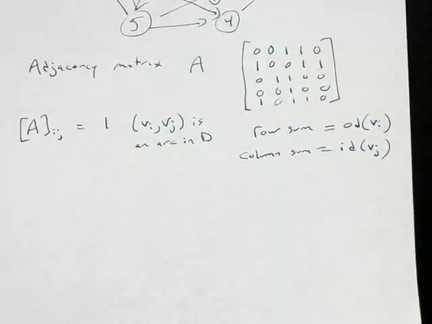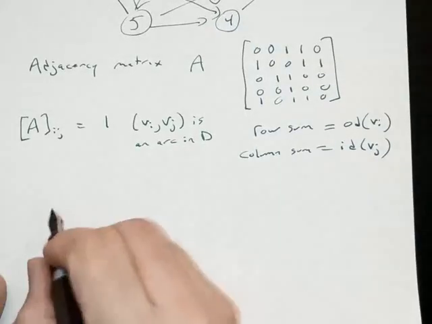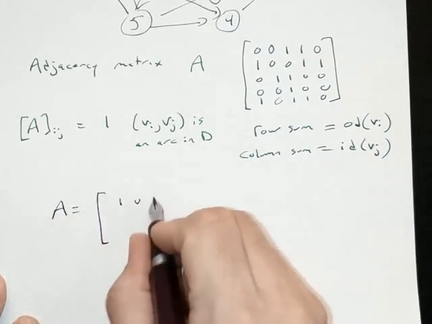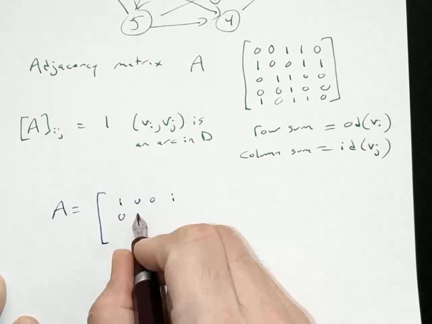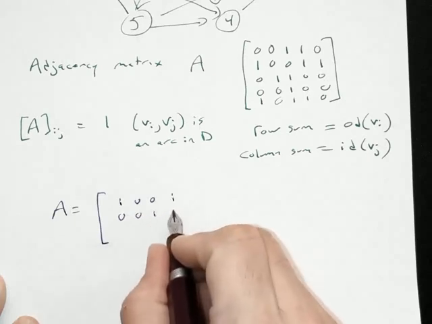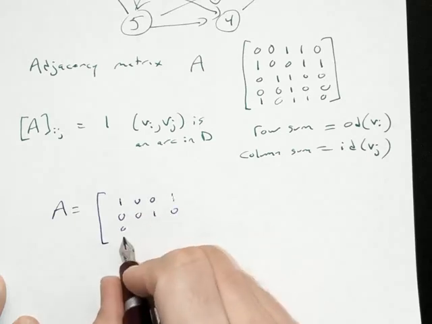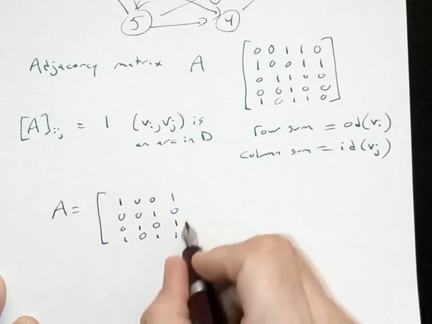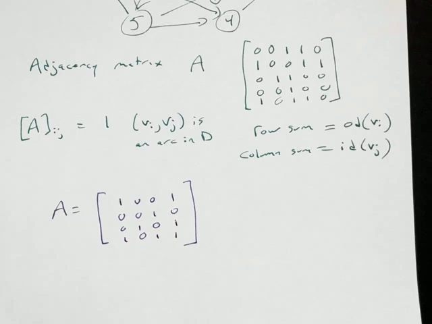Here's an adjacency matrix. Two questions. Is this a digraph or a regular graph? Why?